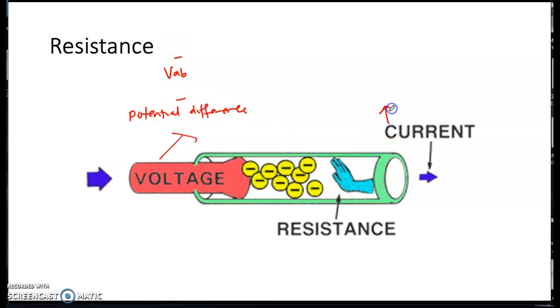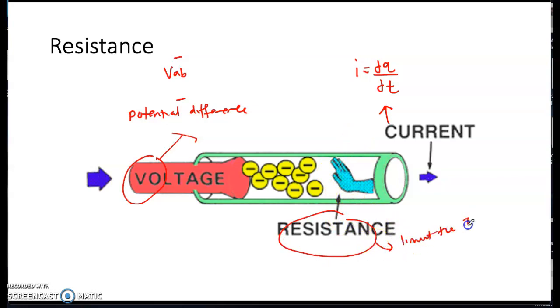Now, what is current? Current is the movement of charge over time. In order for you to have current, you need to supply the voltage, so then the current can flow in the complete loop. In a circuit, there is what we call resistance, which limits the current flow.